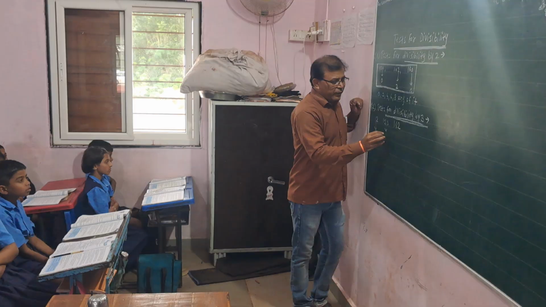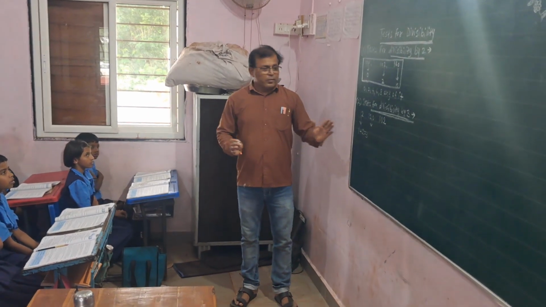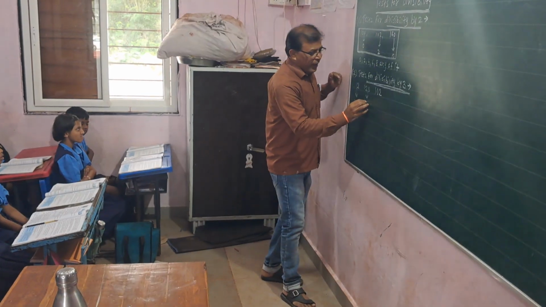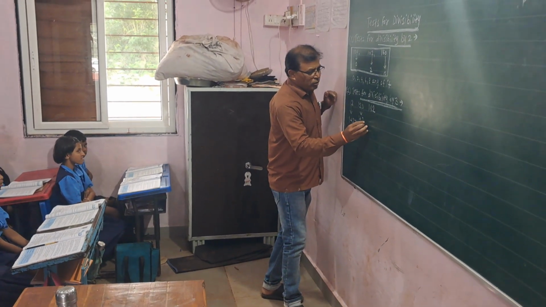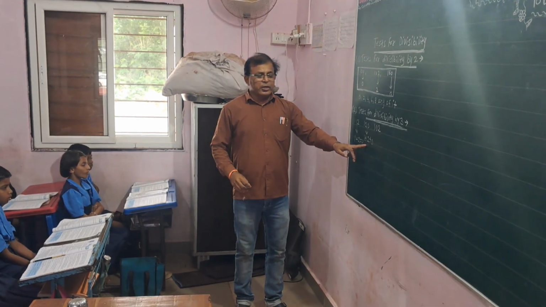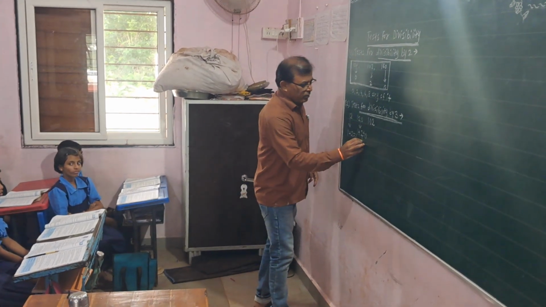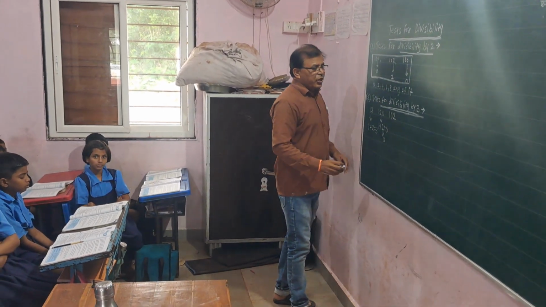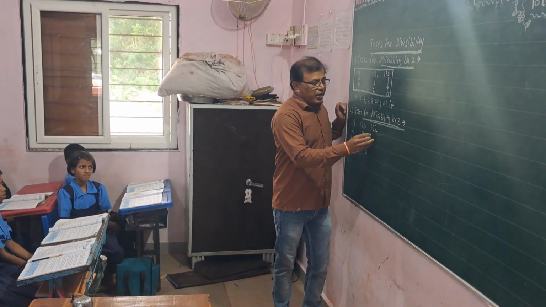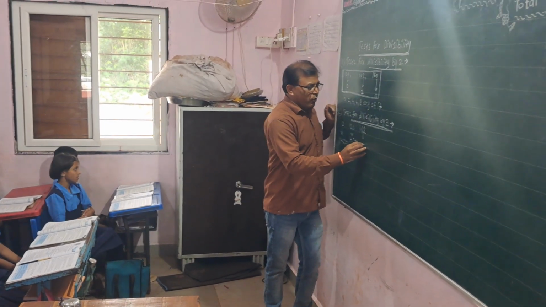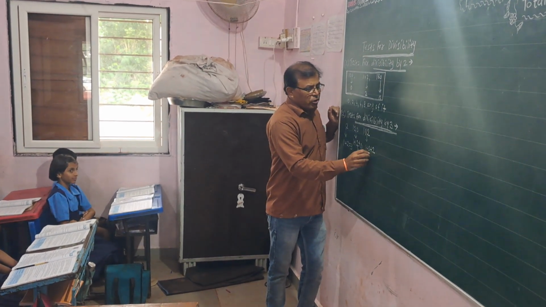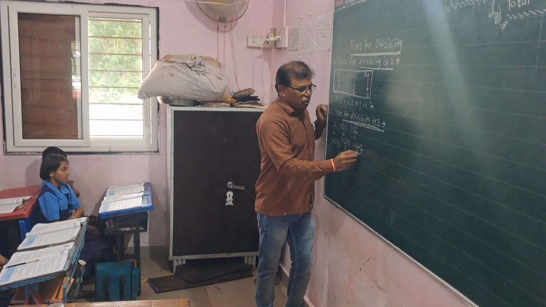Then 120 is a number, but here are 3 digits: 1, 2 and 0. After that take addition. 1 plus 2, 3. 3 plus 0, 3. Now 102 is a number, but here are 3 digits. Then 1 plus 0 plus 2. 1 plus 0, 1. 1 plus 2, 3.